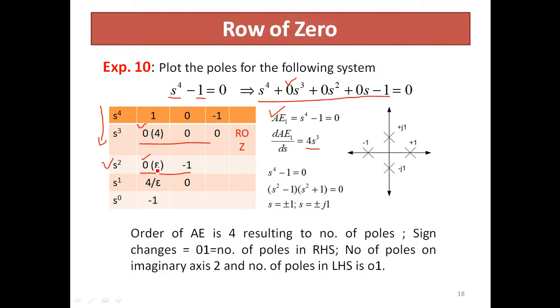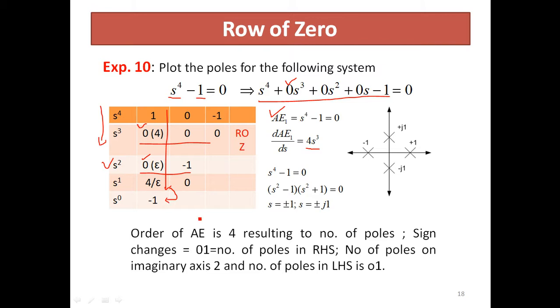So 0 would be replaced by epsilon, which tends to 0. Right? Carry on. Then what you have observed, up to this element 4 over epsilon, there is no sign change, that is plus. But here the sign is changed.